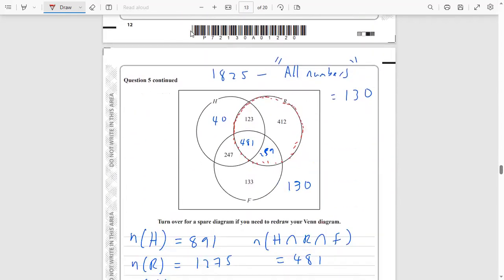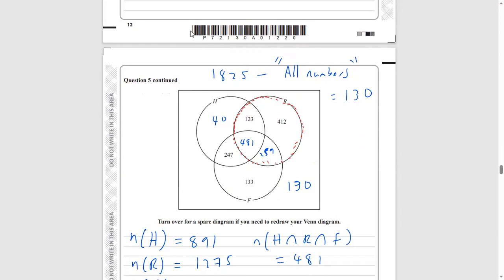I don't want to shade things in because it's just going to make things messy. But if you imagine everything on the outside of this red dashed R, intersecting with everything in the F circle, where would that intersection take place?